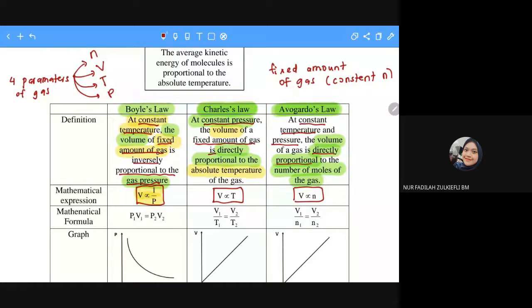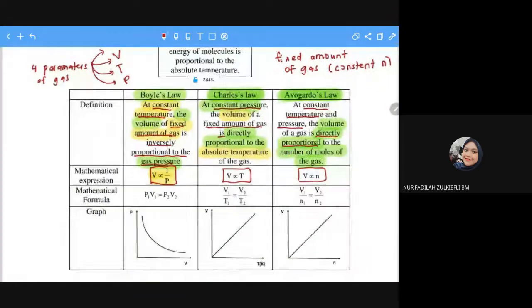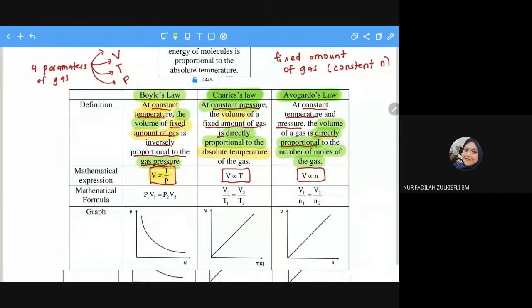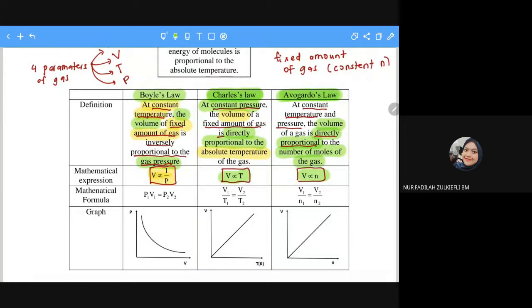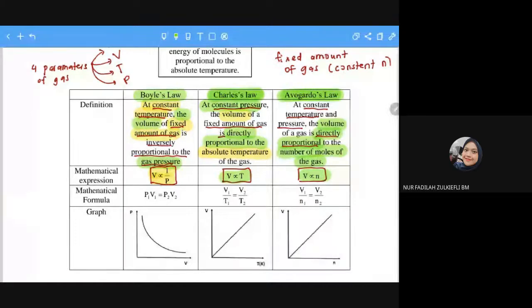So, table ini sangat penting lah. Next, after you guys dah faham the definition, you guys dah study what are the parameters studied by each law, baru kita akan masuk kepada situation or system yang ada changes dalam 4 parameters ni. Okay, so yang ni yang teacher nak highlightkan.